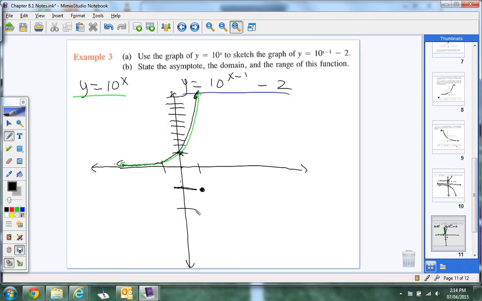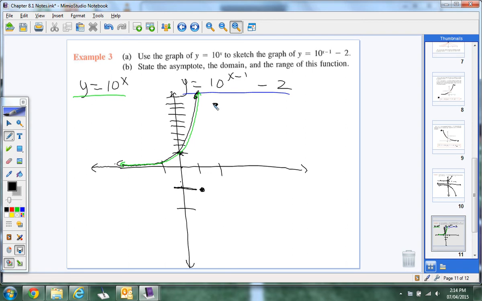No? Hold on. The asymptote, because it's 10, it is growing up. So let's do this here. If I put 2 in, that gives me 10 minus 2, which is 8. Right here. So then, actually, yeah, negative 2 is the asymptote.